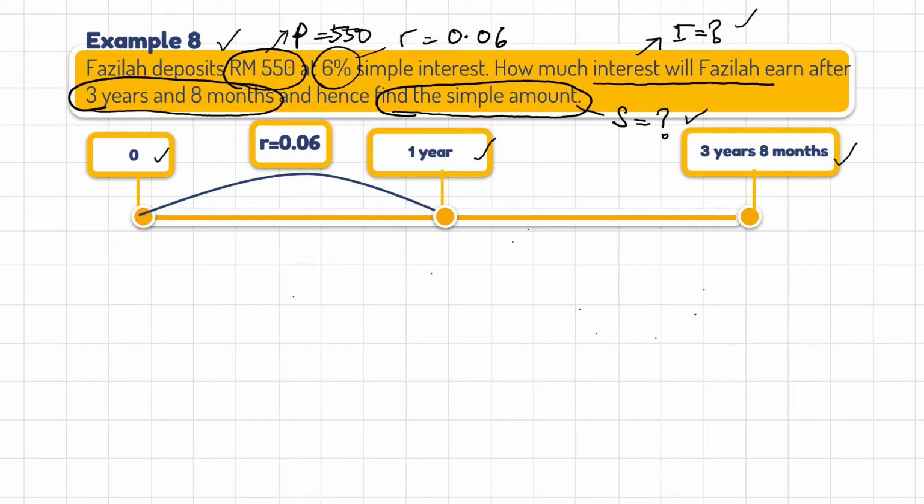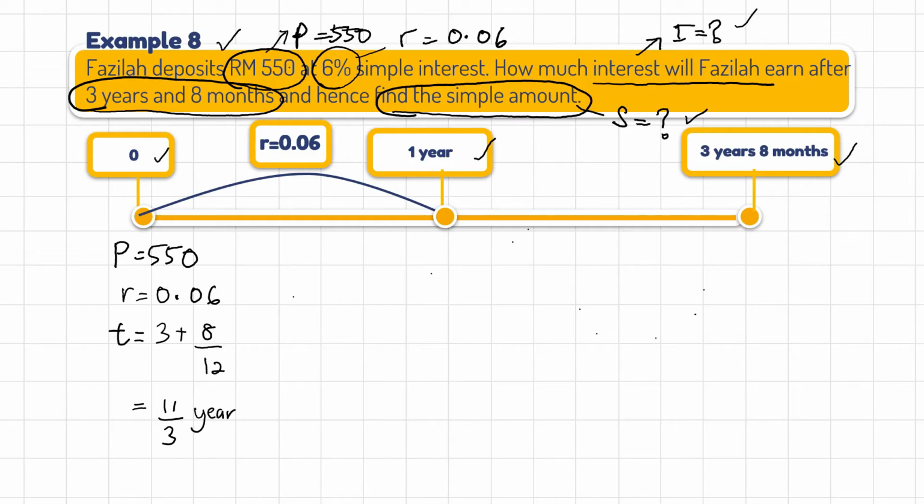Let's put all the information. P equals to 550. R equals to 0.06. T should be in years. Therefore, we can write such that 3 plus 8 over 12, we will get our T in years is 11 over 3 years.